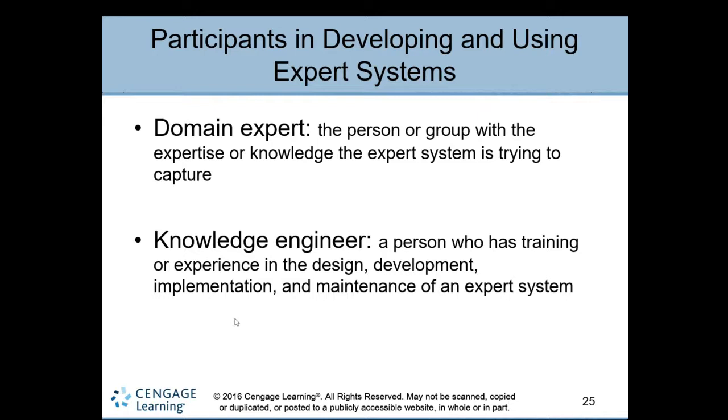Mostly domain experts, who are specialized in some area, a group of people with expertise or knowledge that the expert system is based on, like banking, business, e-commerce, or health. They are experts in one area of specialization.